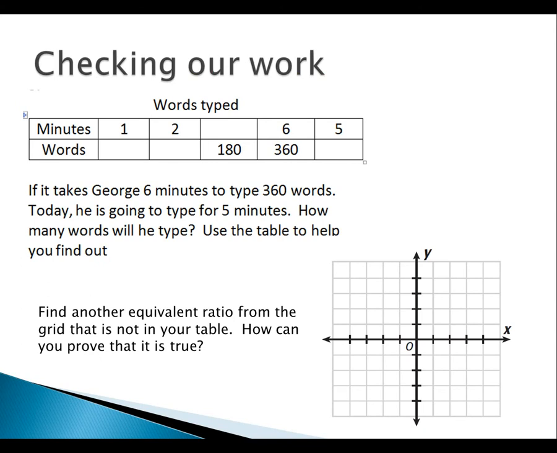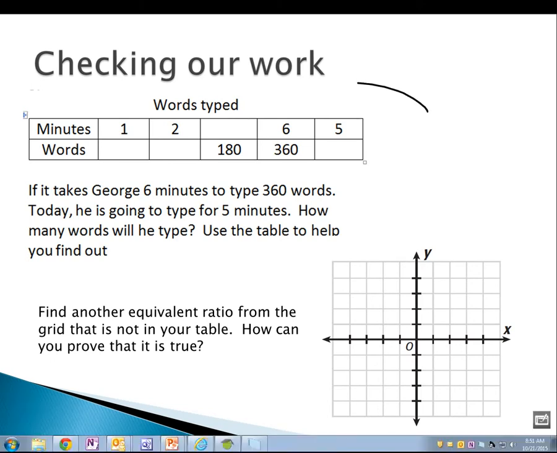So here's another one, checking our work. We just need to do a couple more of these equivalent fractions. So we have words typed. We only have one of these, which is right here. So we have 6 and 360. Can that be reduced by anything? 6 times 60.